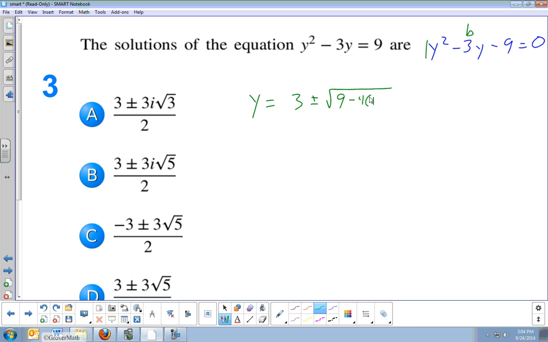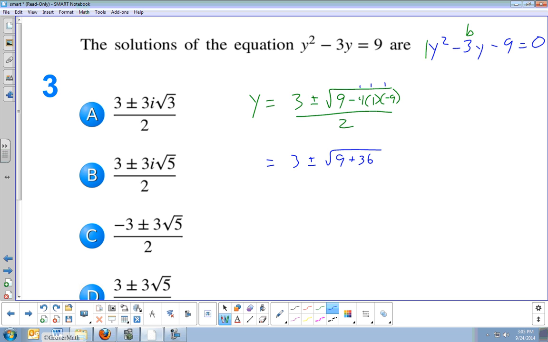When there's no number there, we know it's a 1, times c is negative 9. And that is all over 2a, and 2 times 1 is 2. So 3 plus or minus the square root of 9, and negative 4 times 1 times negative 9 is positive 36.